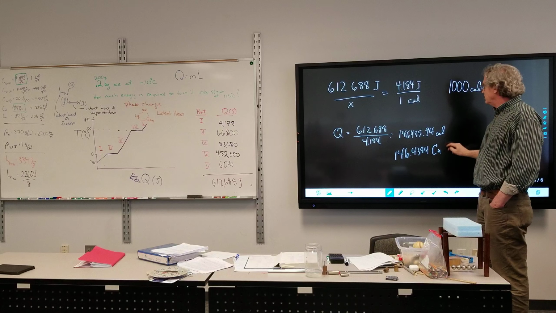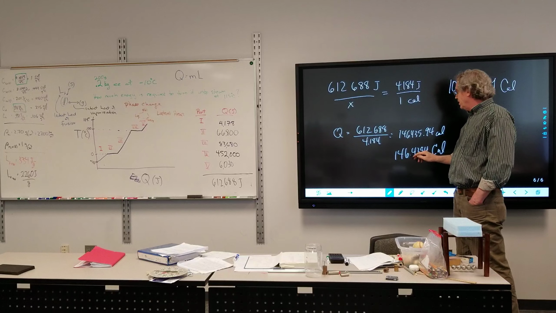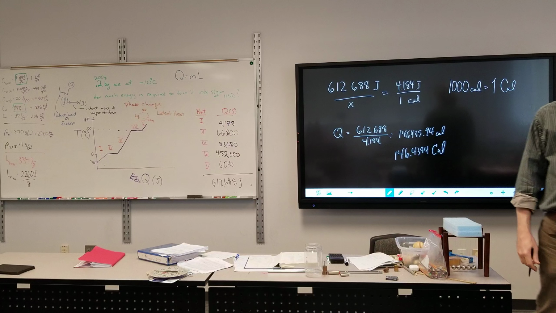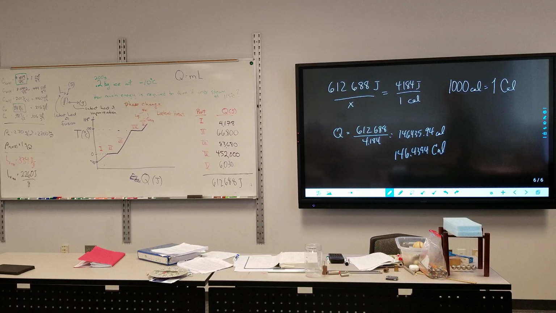So 146.4394 food calories. If I could do it, I could burn off a little over 146 food calories. It's not a good workout. Now, if I could take an ice cube and get it up to the point where it turns into steam, I'm probably dead.